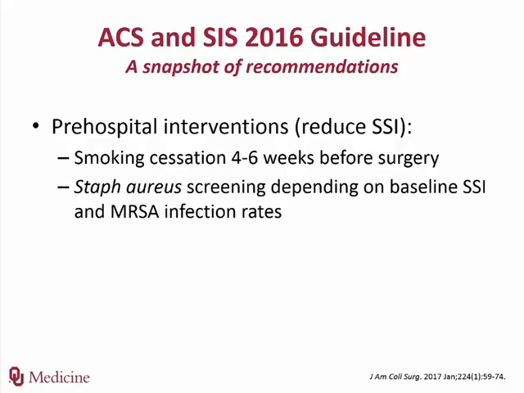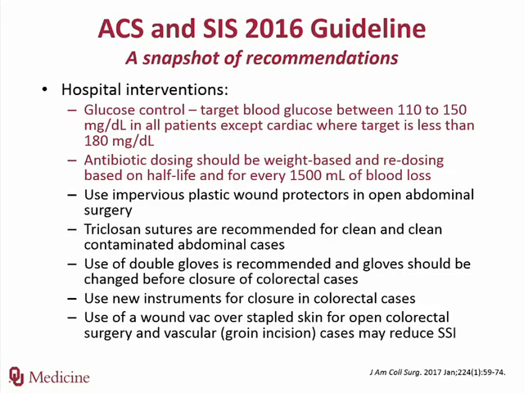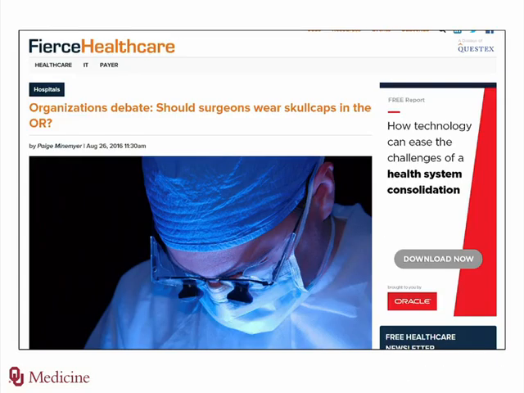So I just highlight, if you're having a challenge, focus on your surveillance on those infections that are actually causing surgical site infections. Here's what the ACS said about glucose control. They targeted 110 to 150. They explicitly recommended antibiotic weight-based dosing and redosing based on half-life for 1,500 milliliters of blood loss. Most of the rest of their recommendations are for colorectal surgery.